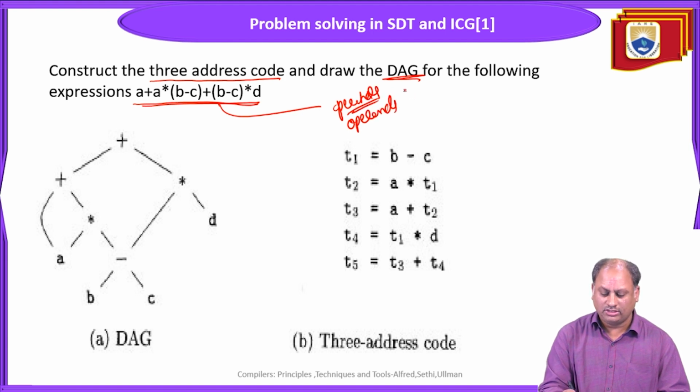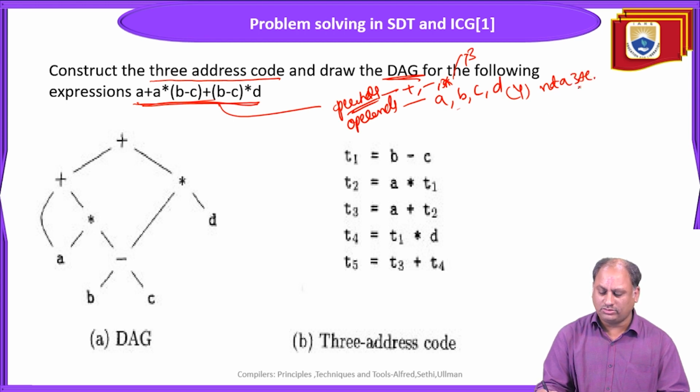Here the operands are a, b, c, d, and the operators are plus, minus, star, like this. There are more than 3 operators, and 4 operands. So that's why this expression is not a 3-address code statement.